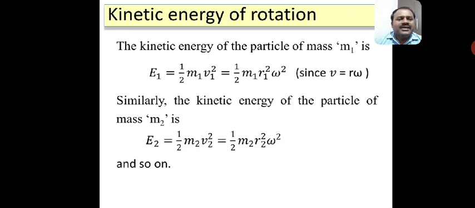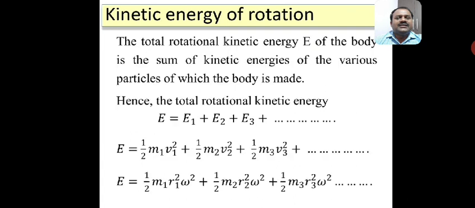Similarly, the kinetic energy of another particle of mass m2 is given by E2 is equal to half m2 into v2 square, and substituting for v2 we get half m2 into r2 square into omega square. Similarly, you can calculate the kinetic energy of each and every particle of the rigid body.